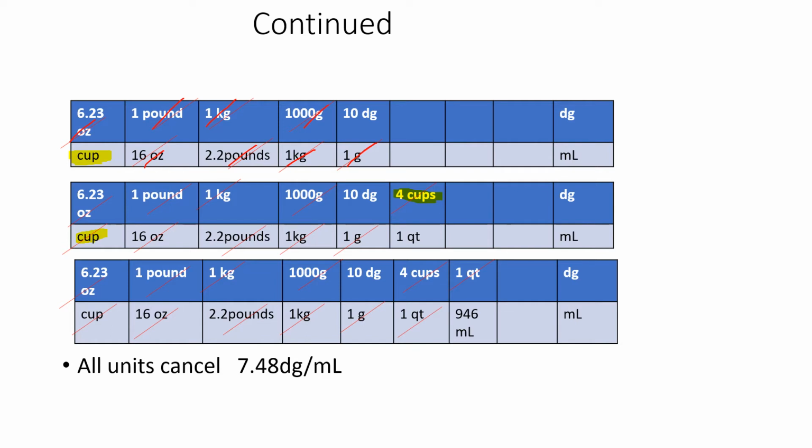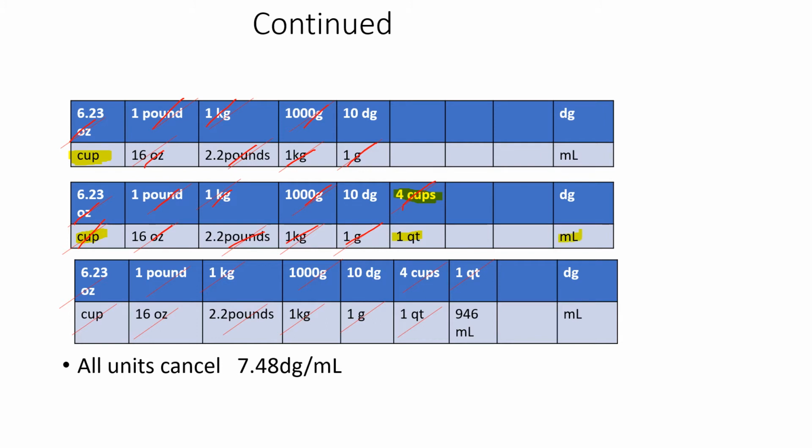If I just quickly go through our old canceling again, ounces have canceled, pounds we took care of already, kilograms taken care of, grams taken care of. Now we're ready to cancel our cups. Cups in the denominator, cups in the numerator. Now they're canceled. Now where are we at? We're currently at quarts.